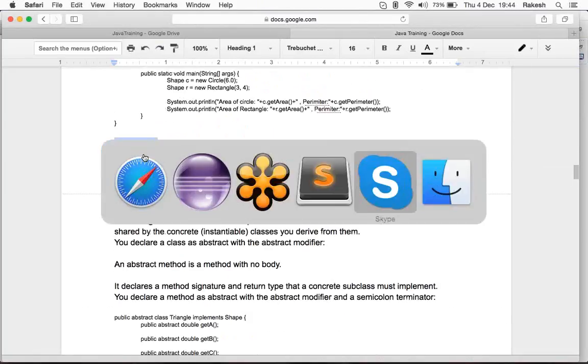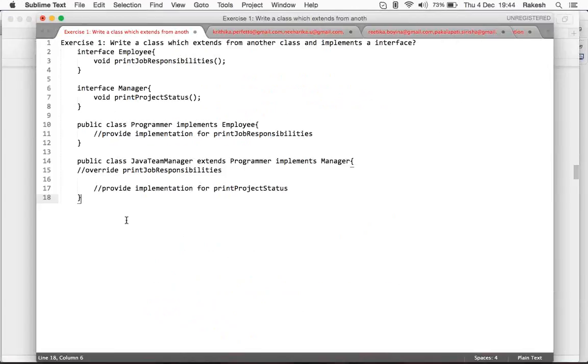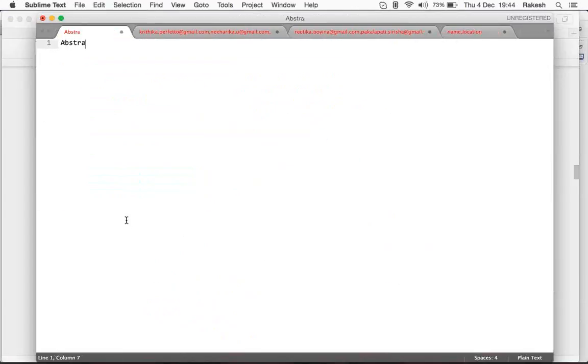Okay? So, have you heard about this word called abstract? I'm not talking about any programming language. In general terms, while speaking or while reading, have you heard about this word called abstract? No, you all have written GRE and all, right?